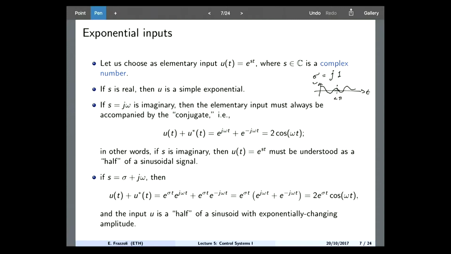Can I generate this one here? No way. What does it mean? This is not something that is physical. Okay? I can write equations that look like that, but this is not something that I can ever see in a physical experiment. Now, if I really wanted to do a physical experiment with this kind of input, what is it that I need to do?